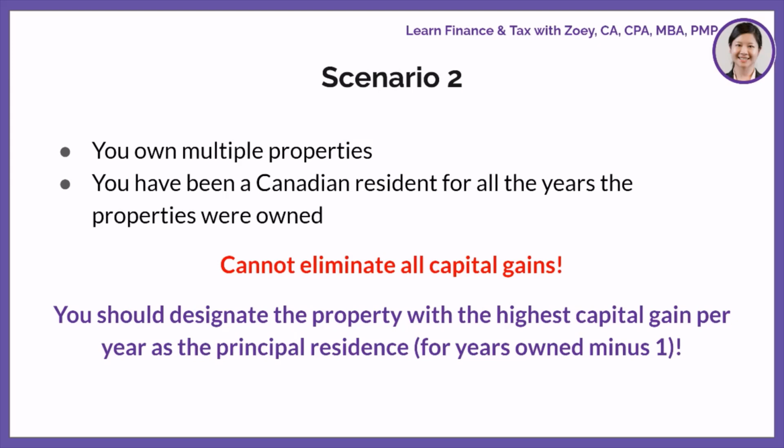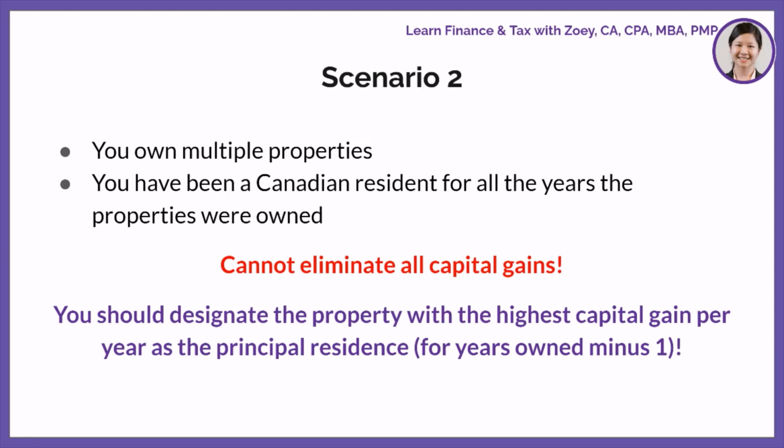In the second scenario, if you own multiple properties, you won't be able to eliminate all the capital gains, as you can only designate one property as principal residence for each tax year. In order to maximize the principal residence exemption, you should designate the property with the highest capital gain per year as your principal residence for the number of years owned minus 1.